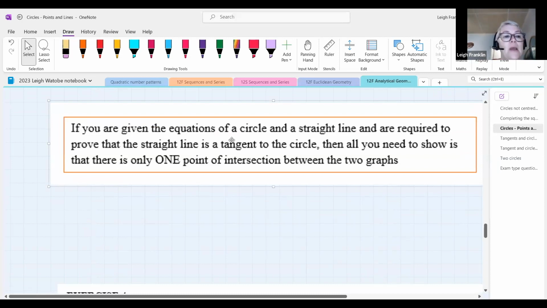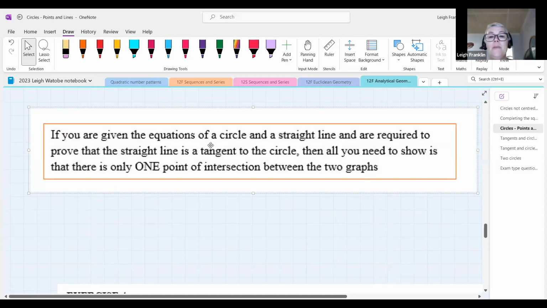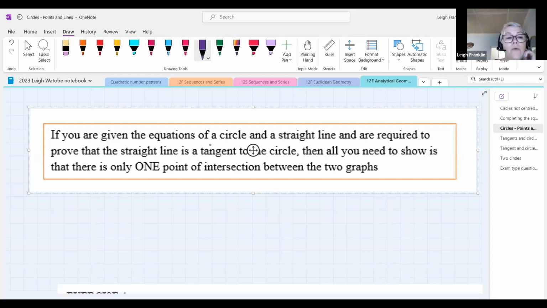Another piece of important information, I suggest screenshotting this as well. If you are given the equations of a circle and a straight line, and you are required to prove that the straight line is a tangent to the circle, then all you need to show is that there is only one point of intersection between the two graphs.